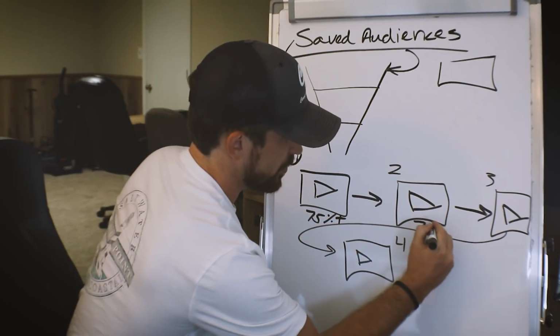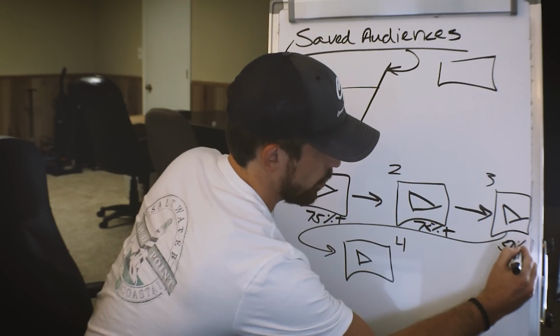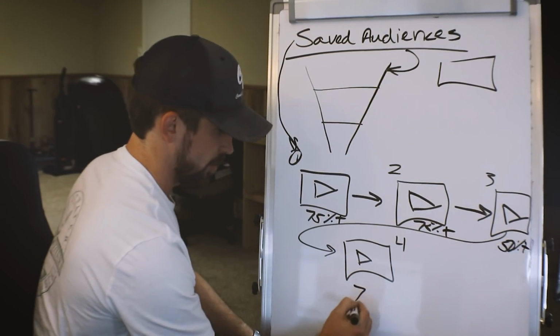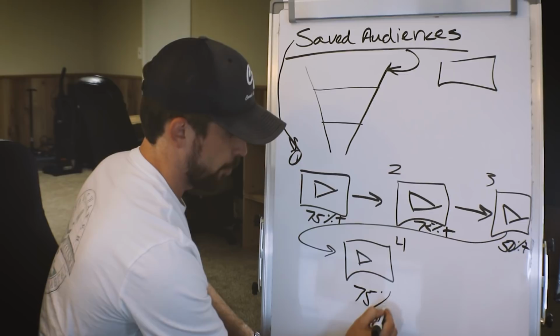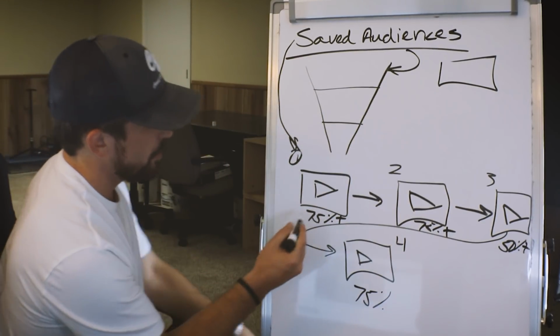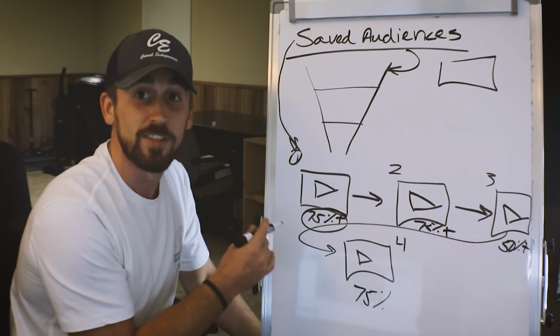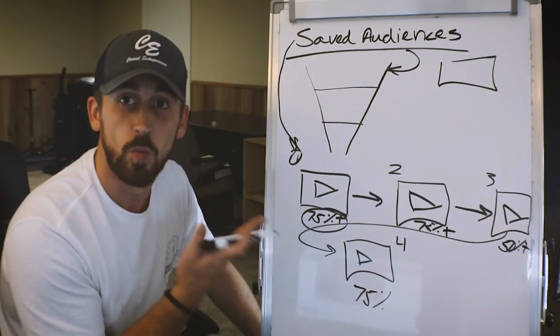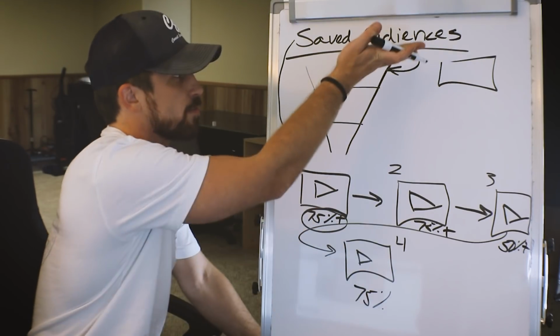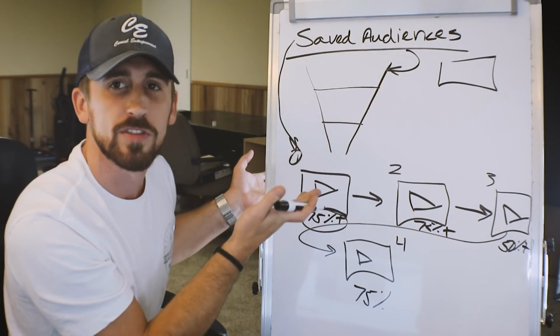We'll do 75% or more, 50% or more, and then another 75% if we were to continue running this ad out, right? So if we get people who watch 75% of this video, we're going to create an audience of people who have watched 75% of that video. Why? Because they're more qualified than this random audience based upon interests and behaviors, right?